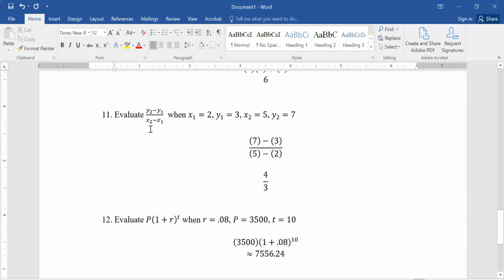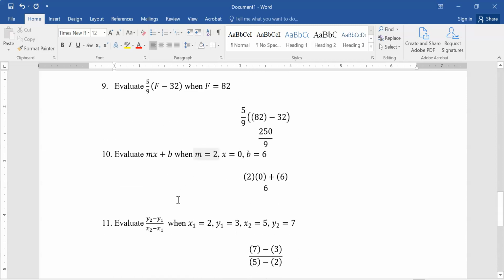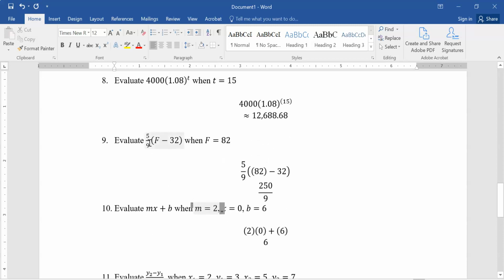We are going to see this formula, y2 minus y1 over x2 minus x1, in later sections of this course. That has to deal with slope of a line. mx plus b, that again has to do with a line. 5/9 f minus 32, that's actually the expression that converts from Fahrenheit to Celsius degrees.